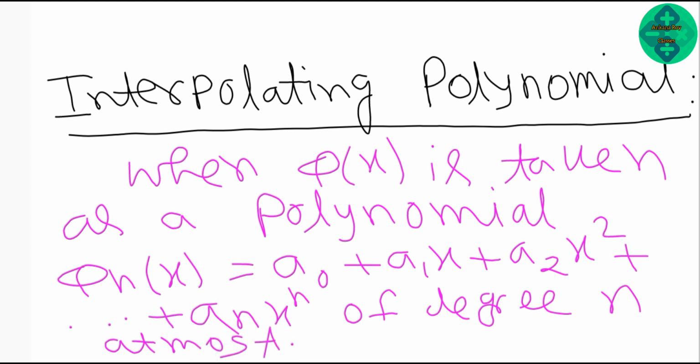That is, if f(x) is known for n plus 1 distinct values of x, then the degree of the interpolating polynomial is n at most.